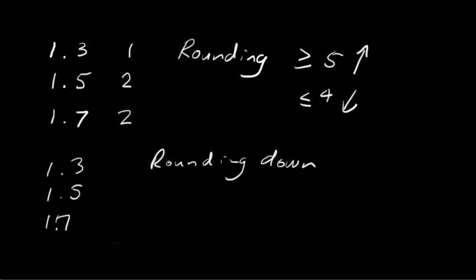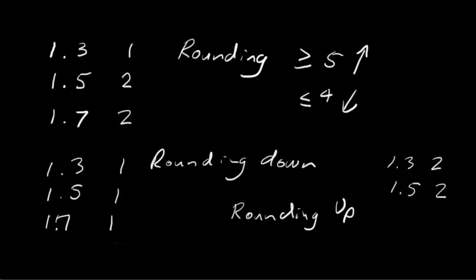So 1.3 would be 1, 1.5 is 1, and 1.7 is 1. Nothing to it. And rounding up is very similar. It's just rounding up in every case. So 1.3 is 2, 1.5 is 2, and 1.7 is 2 also.